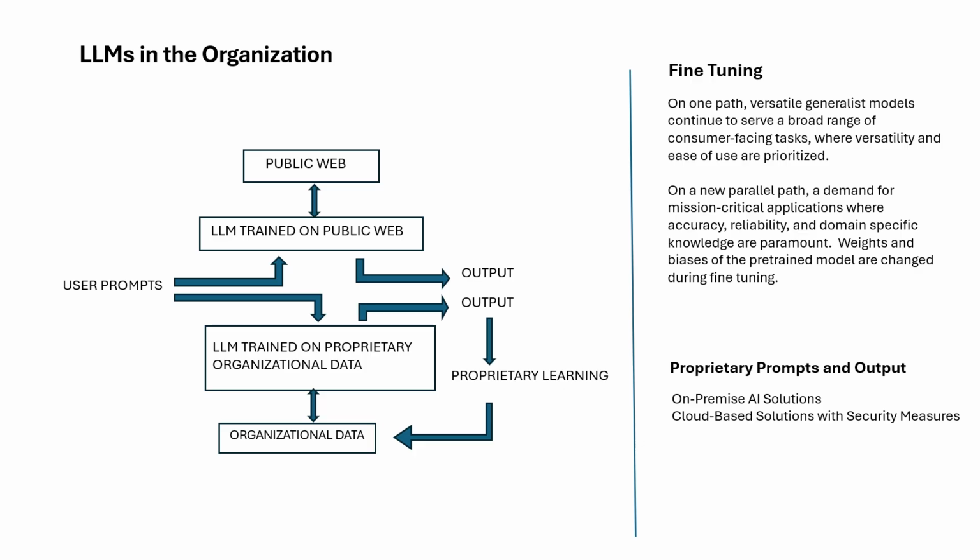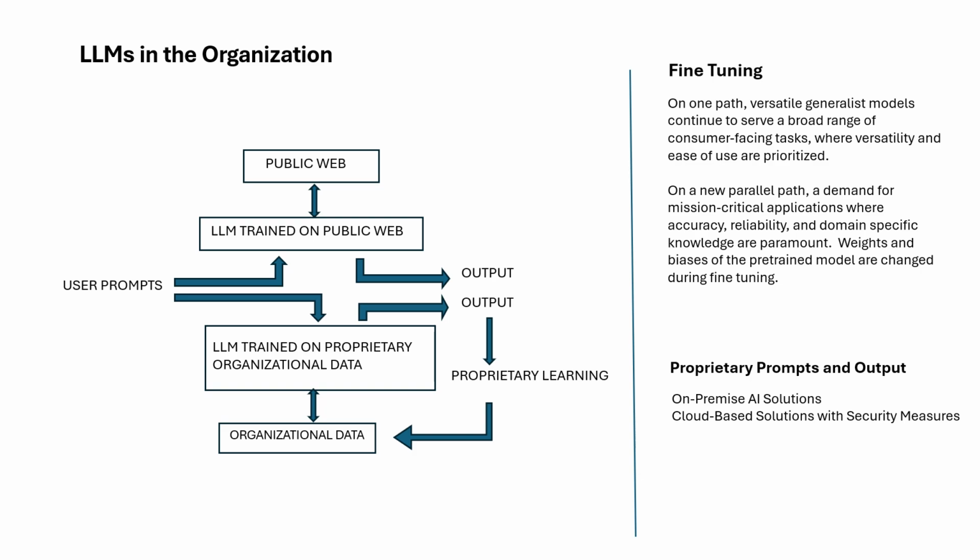So it kind of introduces this idea of LLMs in the organization. Here's kind of a picture of that. We have user prompts, and we could have those user prompts go into a large language model trained on the public web and get an output. Or we could have it go to an LLM that's trained on proprietary data and organizational data. And those outputs can be fed back in, and we can build up a set of knowledge about a specific domain.